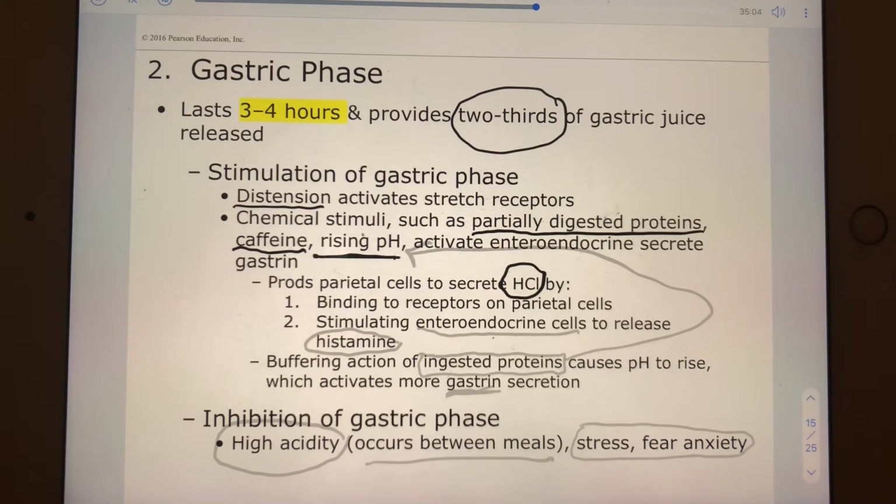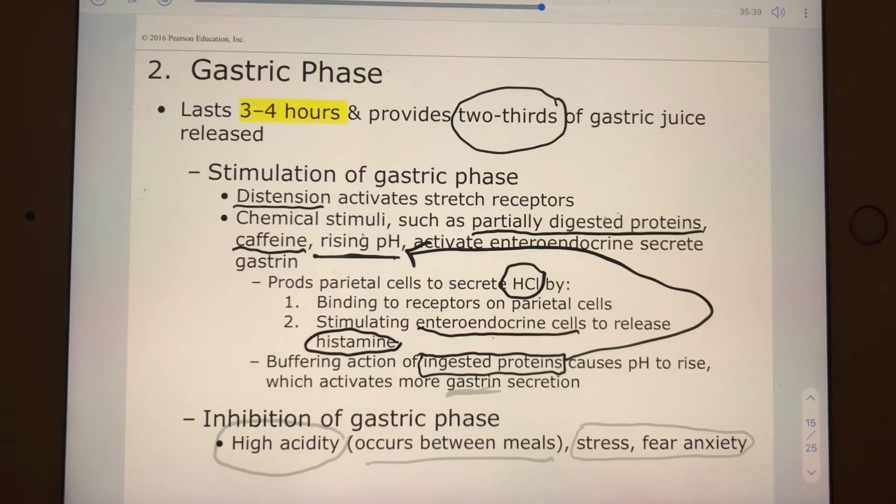Gastrin will bind to gastrin-specific receptors on parietal cells and also bind to enteroendocrine cells and trigger those to secrete histamine in particular. Histamine will also help to promote the gastric phase. The proteins that we ingest will often cause pH to rise, although we've just mentioned that.